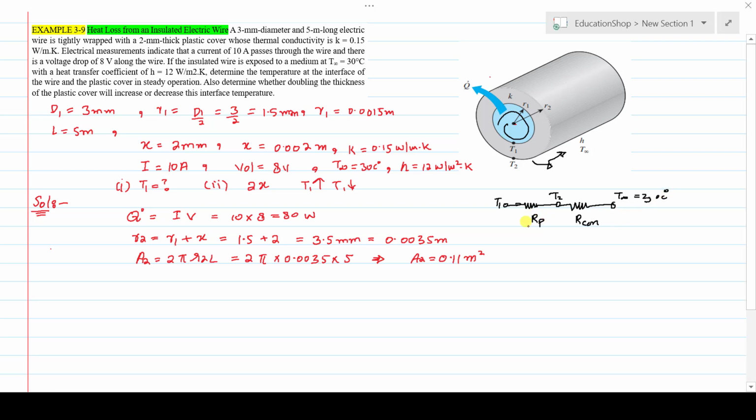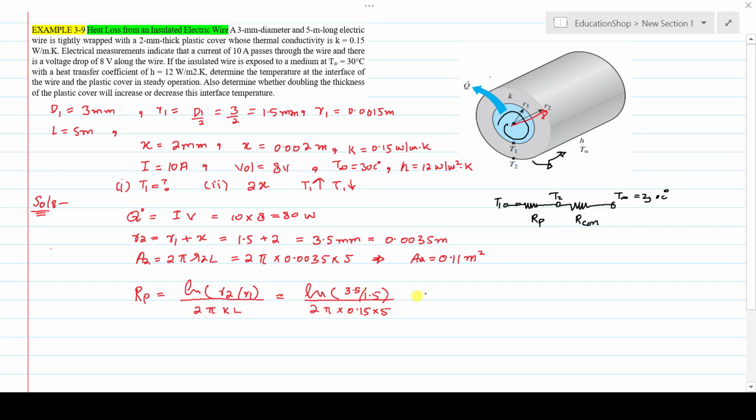Now let's find this RP value. RP is the resistance offered to the heat transfer by this plastic cover, that is equal to ln of outer radius R2 divided by R1, divided by 2 pi KL. K is the thermal conductivity of the plastic cover. Now just simply enter the values. The natural log ln of R2, which is 3.5 millimeter, over R1, that is 1.5 millimeter, divided by 2 pi times the conductivity of the plastic cover, that is 0.15, times the length of the wire, 5.